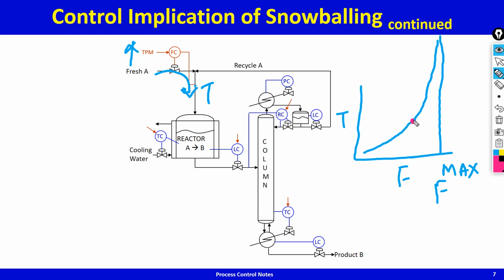Now, whether the control structure is independently setting F or independently setting T, whether the throughput manipulator is the fresh feed or whether the throughput manipulator is T, please note, if I have to go from F to F plus delta F, so this is my current production, I'll have to end up at this steady state.